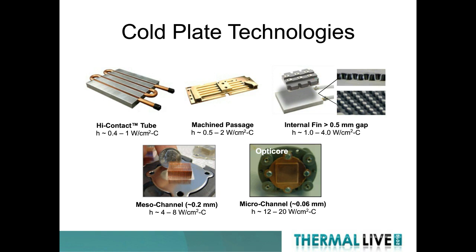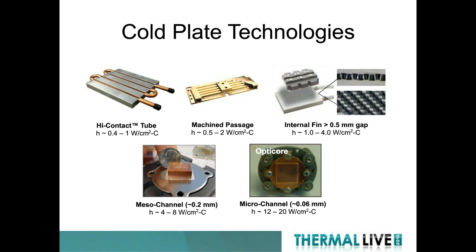The heat transfer coefficient we've defined here is in watts per square centimeter degree C. The lowest performance is what we would call any sort of tube or high contact tube, where we're using a tube to move the fluid, and that is integrated into a plate, and we are taking the heat and conducting it through the plate and putting it right into the fluid as quickly as we can. The heat transfer coefficient for this type of technology is between 0.4 and 1 watts per square centimeter degree C.